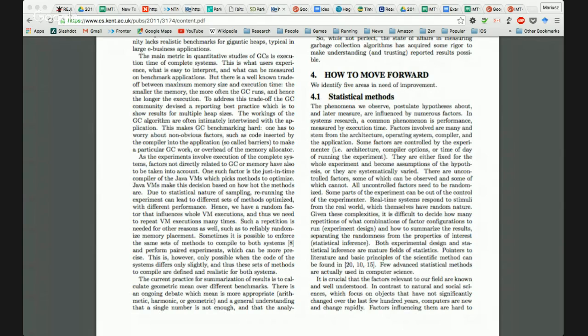So if I'm running something, and this is the average time it takes, the average time is here. Occasionally the optimal conditions will happen.